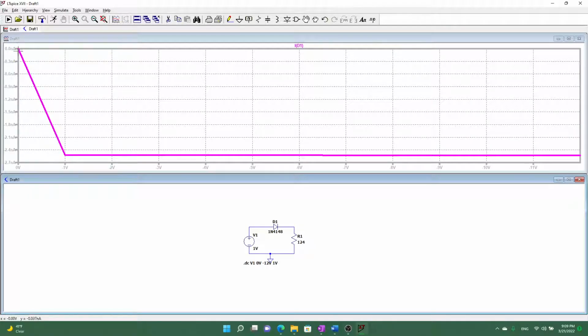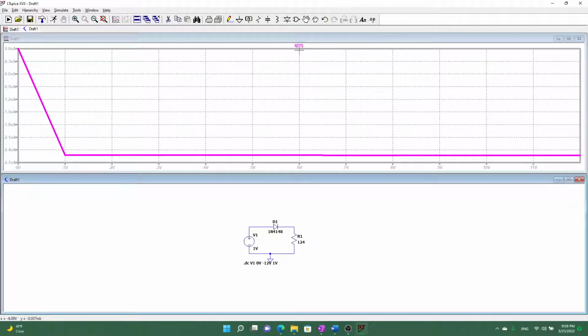So it drops from 0 nanoamps, and it reaches a value which I think is, I don't know, we'll see. But here we're working with negative voltages. In real life, this thing cannot happen.